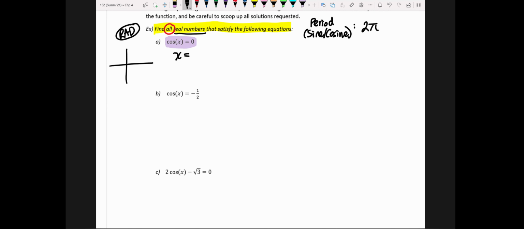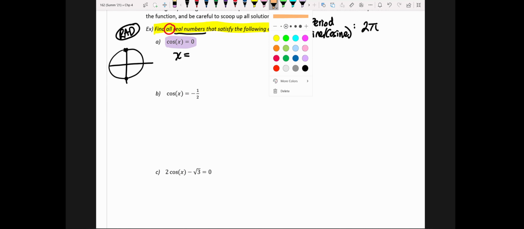So if you want to sketch a little circle here and visualize, the x coordinate is 0 here and here. Okay. So x coordinate is 0 at pi over 2 and 3 pi over 2.